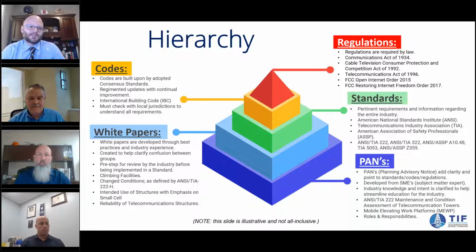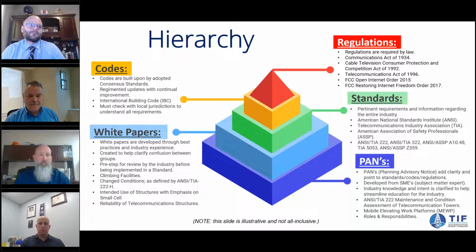If you think of it as a pyramid, at the bottom you start with maybe some planning advisory notices, which you can find at tiaonline.org or at NATE Home. They both supply great information. It's really some great educational resources that help us with our industry.